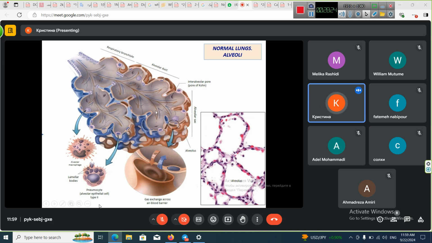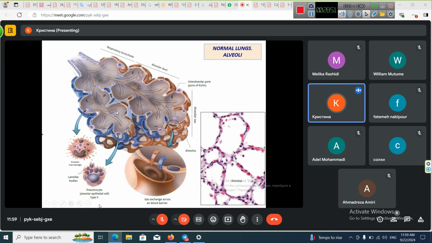So they are very thin, and every alveolus is surrounded with tiny blood capillaries. You see here sections of blood capillaries which serve for gas diffusion, gas exchange between the blood in these capillaries and the air inside the alveoli.